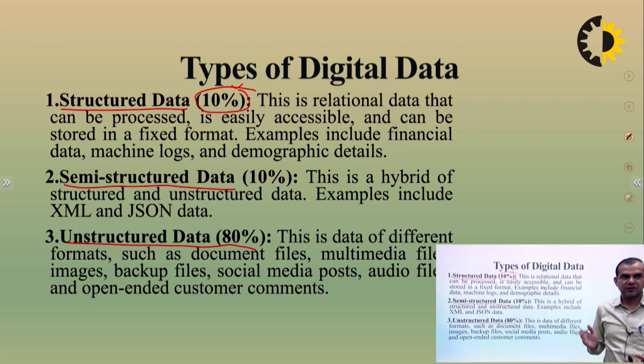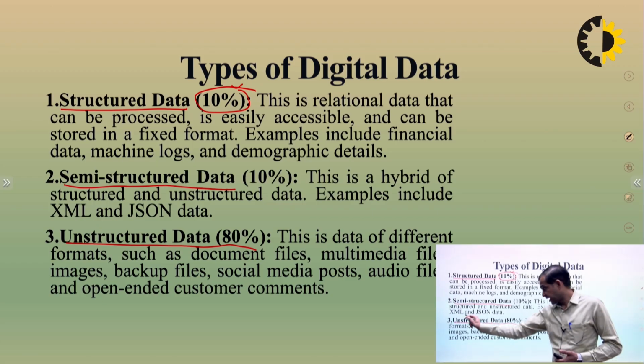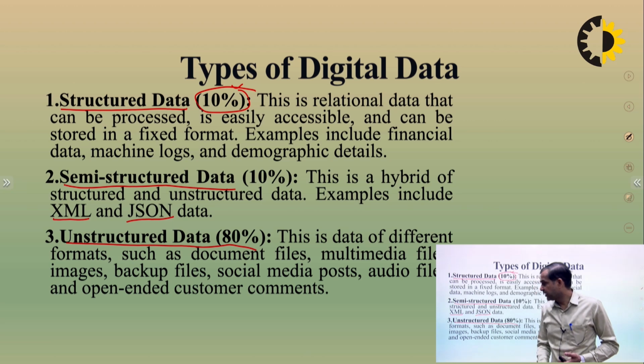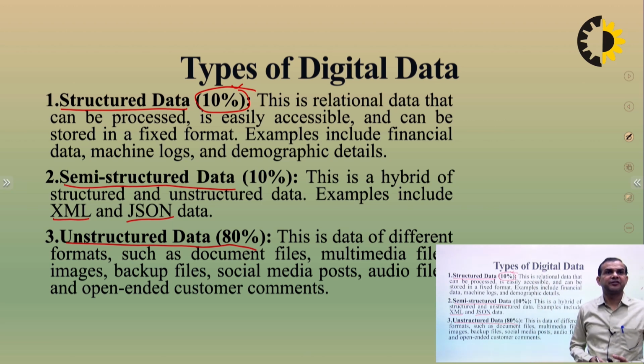Examples are XML, the markup language, and JSON, JavaScript Object Notation. Both are known as semi-structured data.